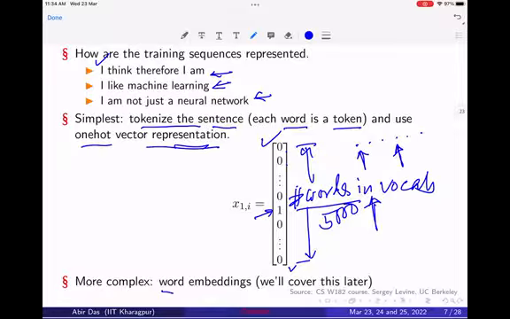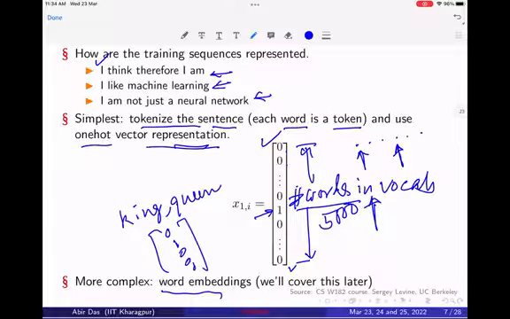More complex are word embeddings, which take care of the fact that there are words which are similar in meaning. So those words' representations should be closer. Let's say king and queen are pretty much very similar things, as both relate to royalty.